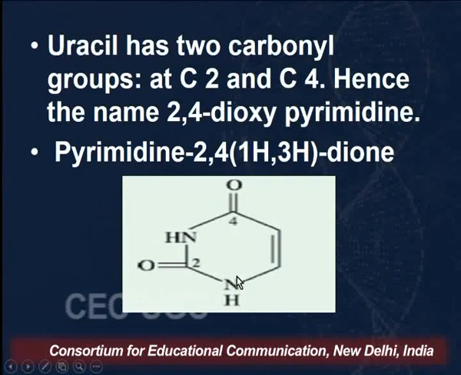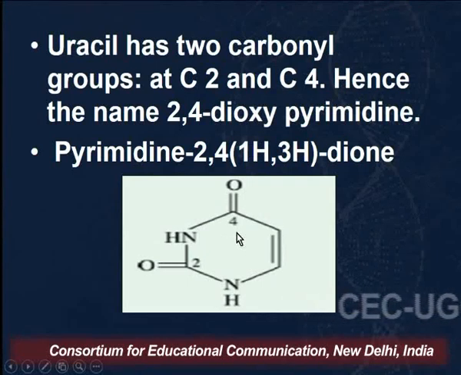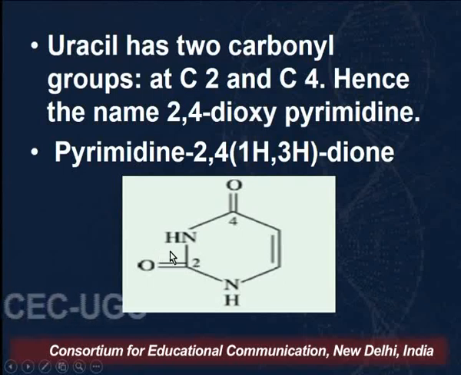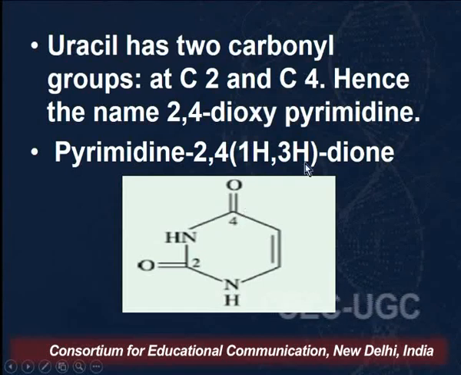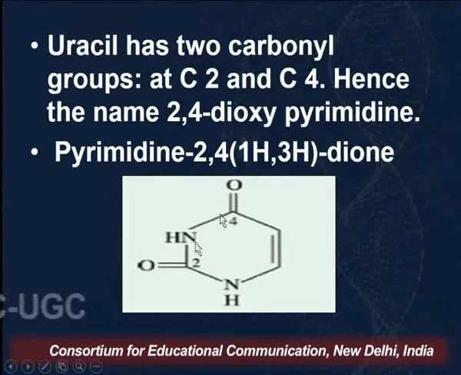The second structure modification or functional group which we find in uracil is that we have one carbonyl group at C2 and the second carbonyl group at C4. Hence, the name would be 2,4-dioxypyrimidine. That is, we've replaced the hydrogens here with oxygen.